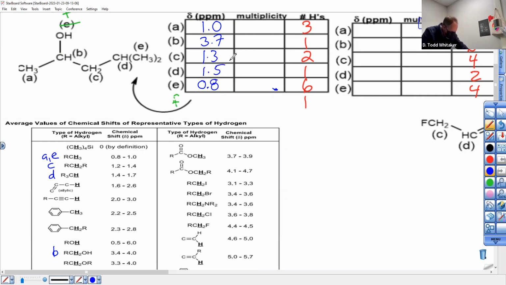And F is a very strange one. I'm just pointing out, someday I'm going to edit these things. You can put this on your handout. It's always a broad peak. I'll explain the meaning of that when we actually have to draw the peak. But alcohol peaks are broad, and so are amine peaks.